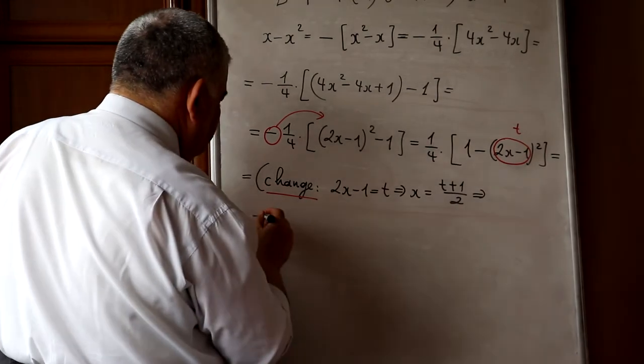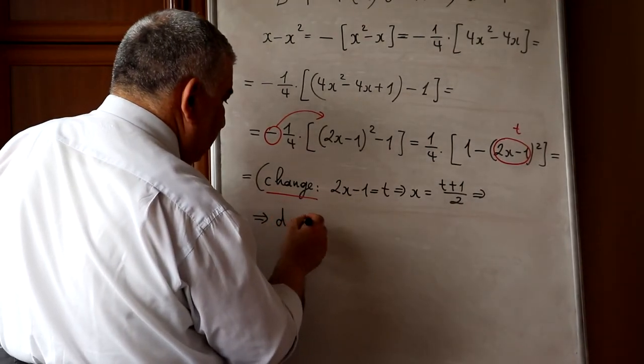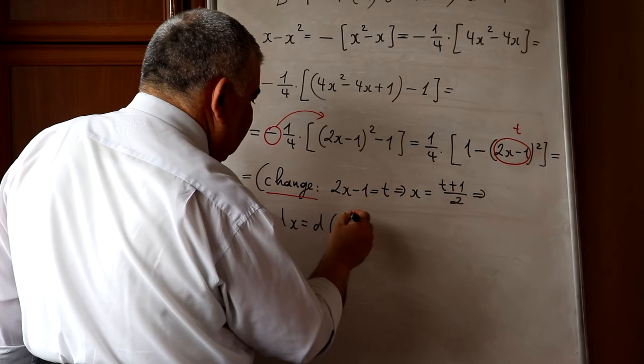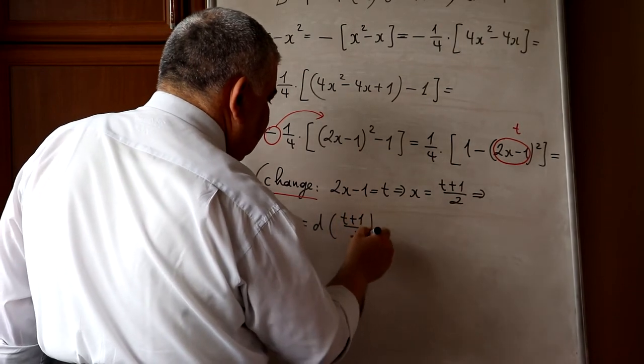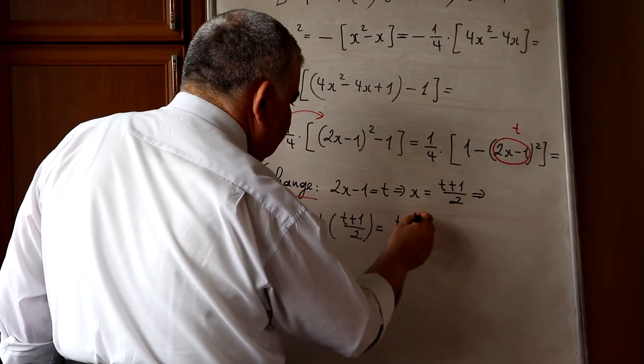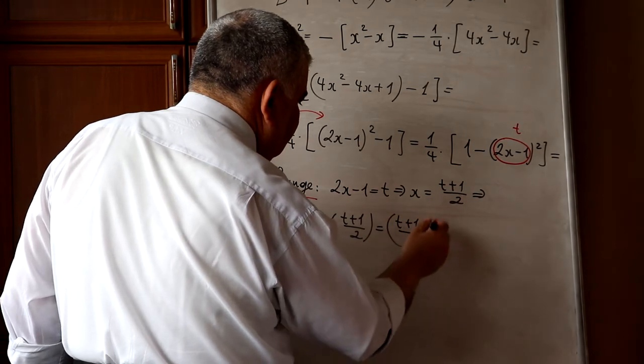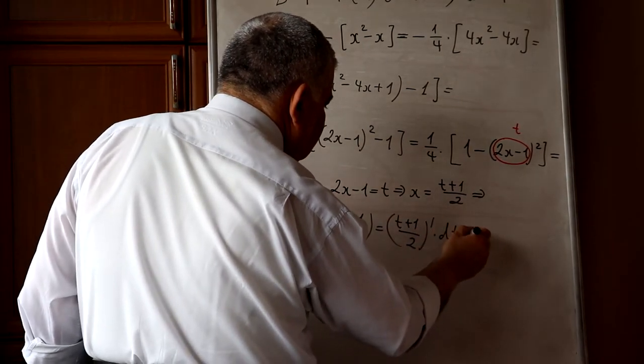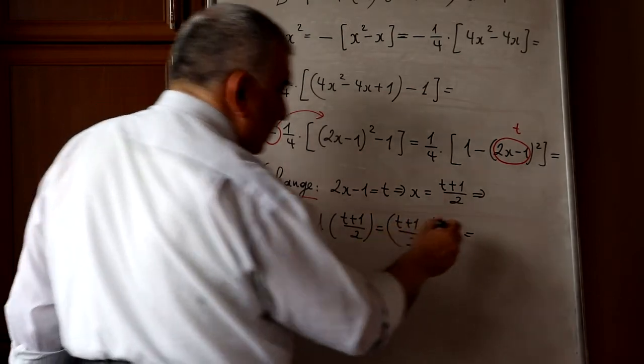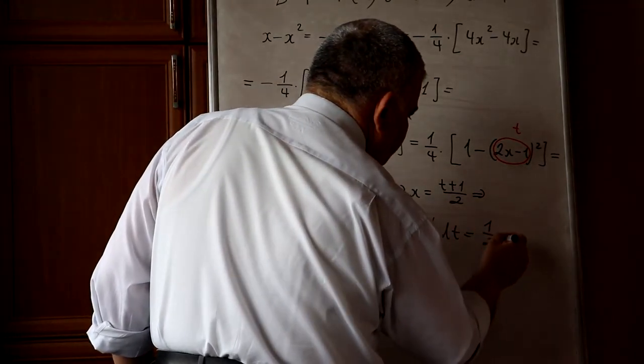Then dx is d of (t plus 1) over 2, equal to the derivative of (t plus 1) over 2 multiplied by dt, which is 1 half dt.